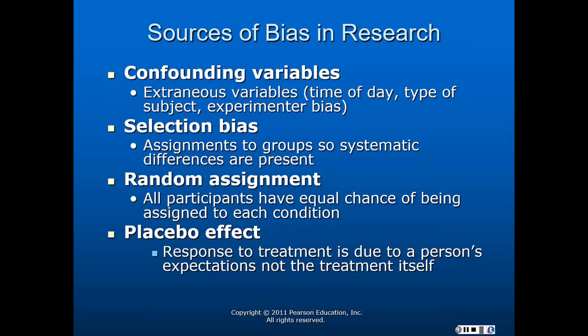It's really important that when research teams create their studies that they implement a random assignment. In fact, if you want to be a true experiment, you have to have a random assignment, meaning all participants within this study have an equal chance of being assigned to each condition.